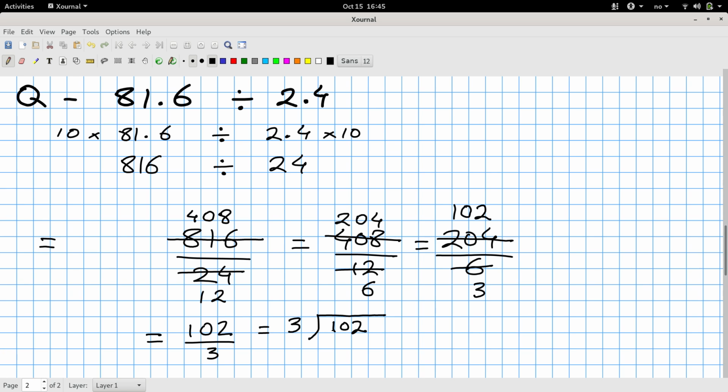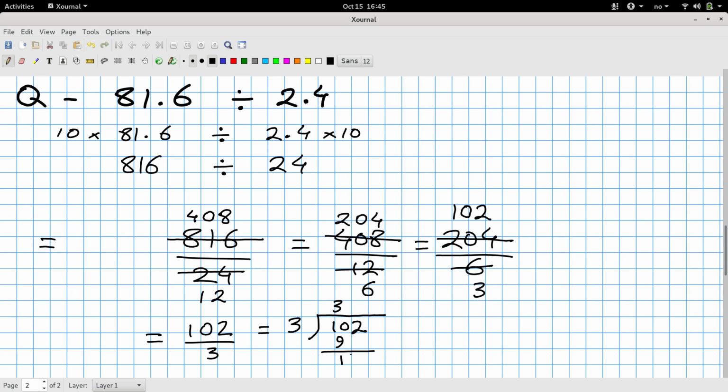So the last step, 102 divided by 3, we do traditionally. We do 3 into 10, 1 is not enough, so we take 0 just as it is, and we say 3 3s are 9, 1 left.